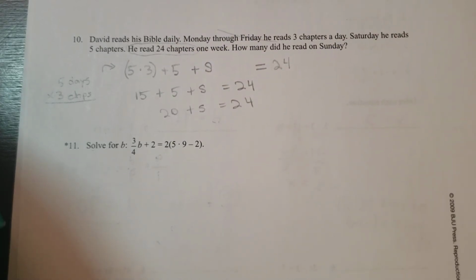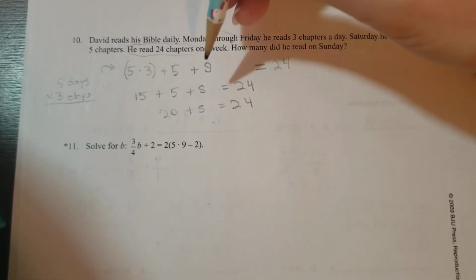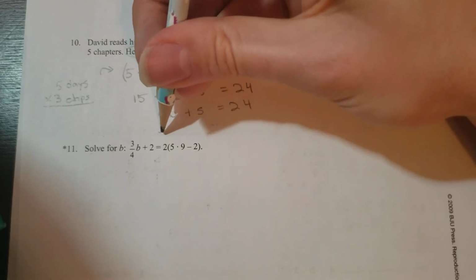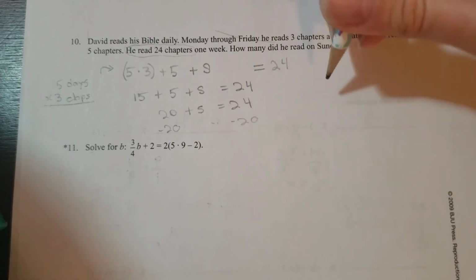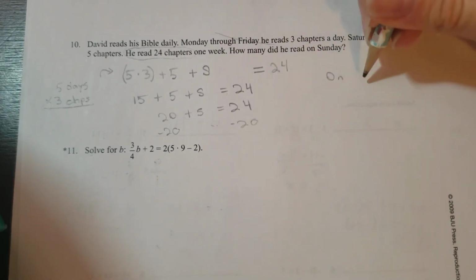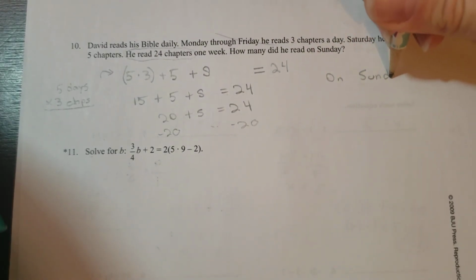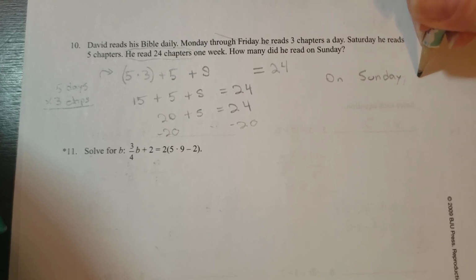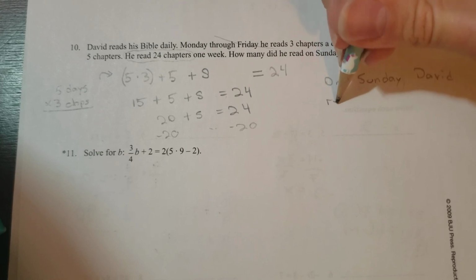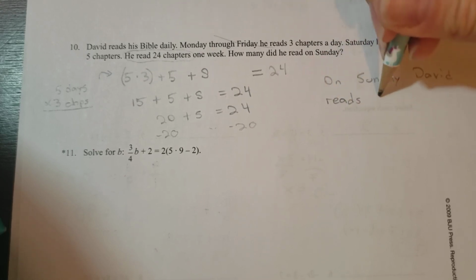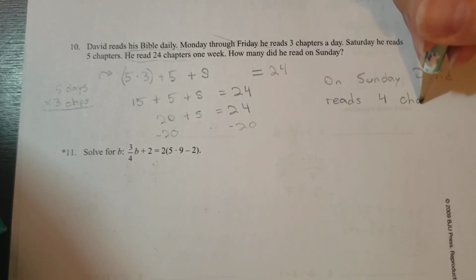Now it looks easy. Again, to undo addition, you subtract. We find out that on Sunday, David reads 4 chapters.